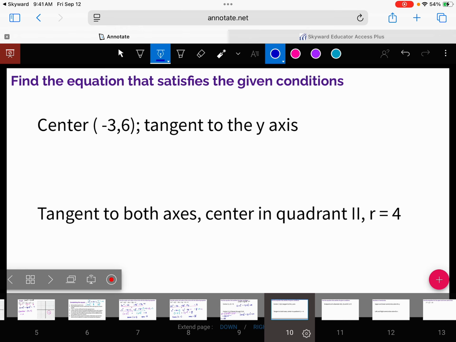Tangent means touching. So what is the radius if it's at -3, 6 and it touches the y-axis? 3, because it's 3 away from my x up here. So our radius is 3. So when I know the center, the radius is 3.